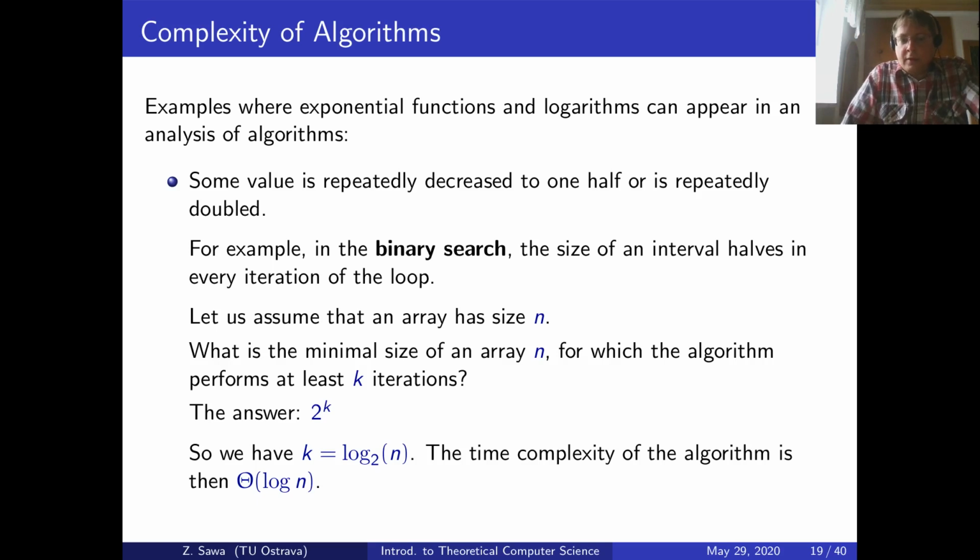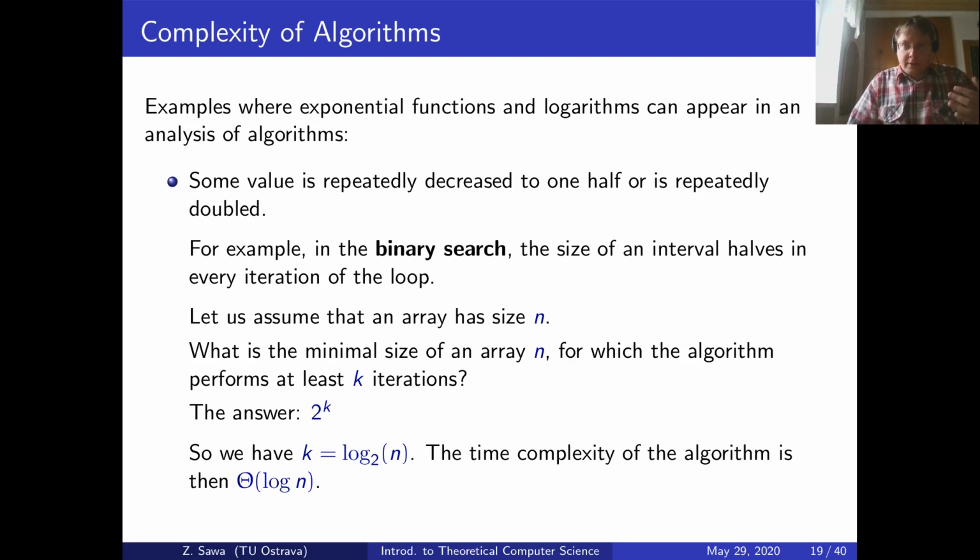So the total time of the algorithm is basically determined by how many iterations there are. In each iteration, the size of the interval is divided by 2.